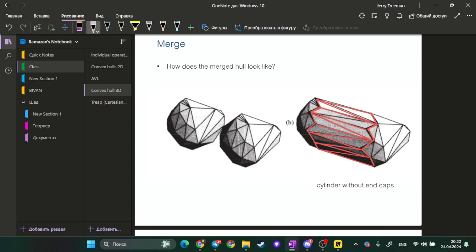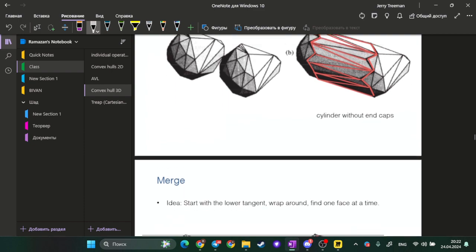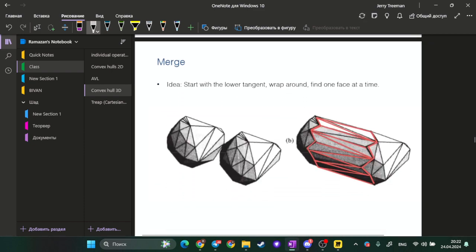Suppose in some step of the recursion we got some convex hulls. We need to merge them like this. So how do we do it?